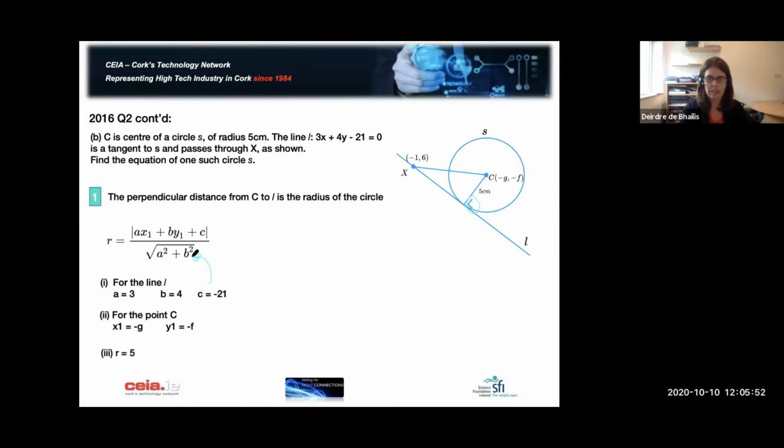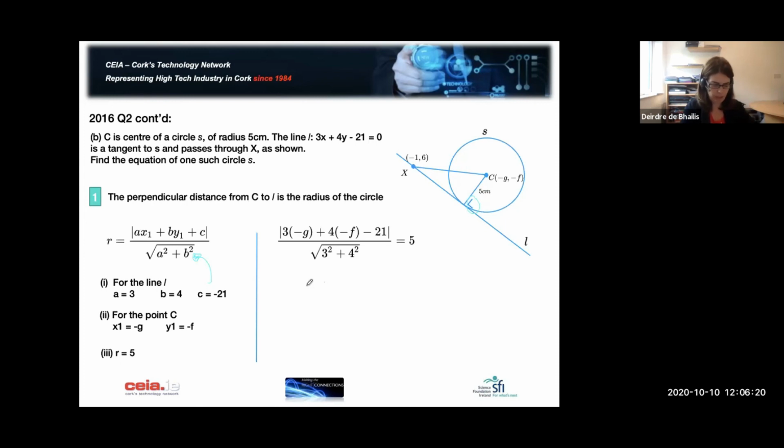Sorry, we had the information R is equal to 5 as well, but that's the right-hand side of the equation. So when we populate, we're going to be very careful again with our negatives, put some brackets around our negative numbers. There's our minus g and minus f going in place of x1 and y1. And we have 3, 4, minus 21.